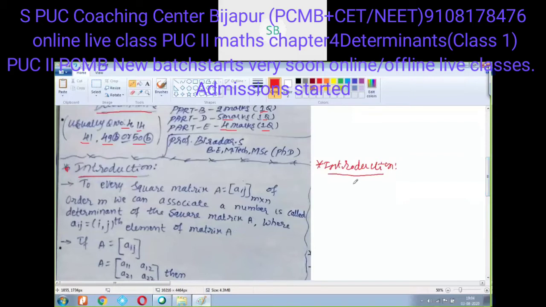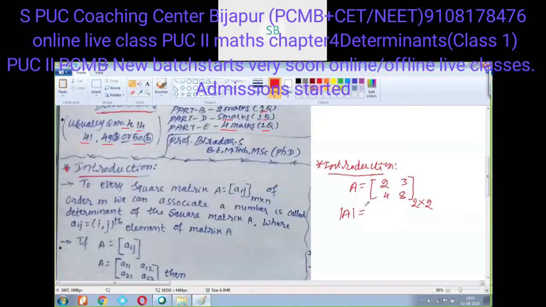For example, consider matrix A, that is 2, 3 and 4, 8. It is of order 2 by 2. Then what is the determinant of this?